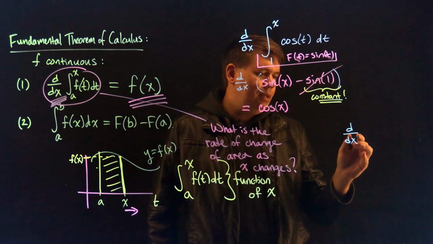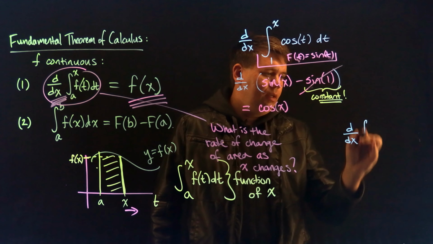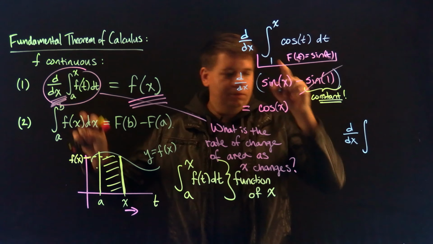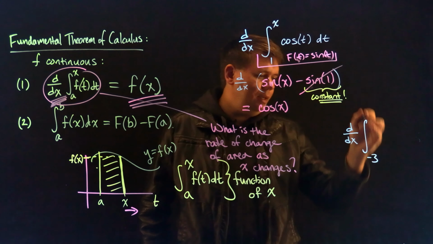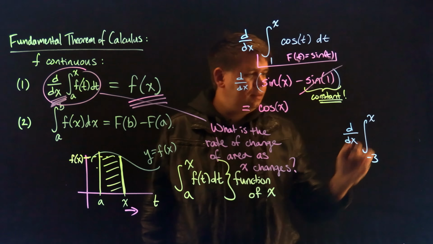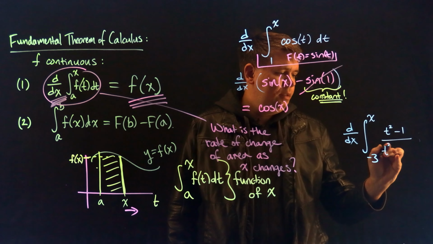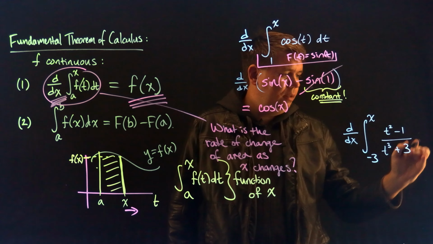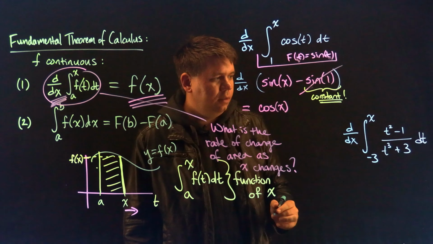Like, what is the derivative of something like, oh, I don't know, let's say the definite integral from, it doesn't have to be 1, it can be any constant, so let's say -3 up through x of t squared minus 1 all over t cubed plus 3 dt.